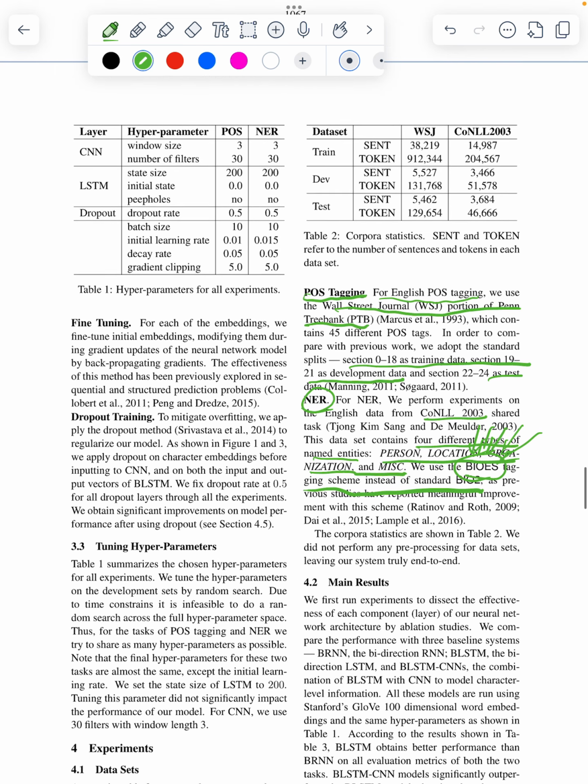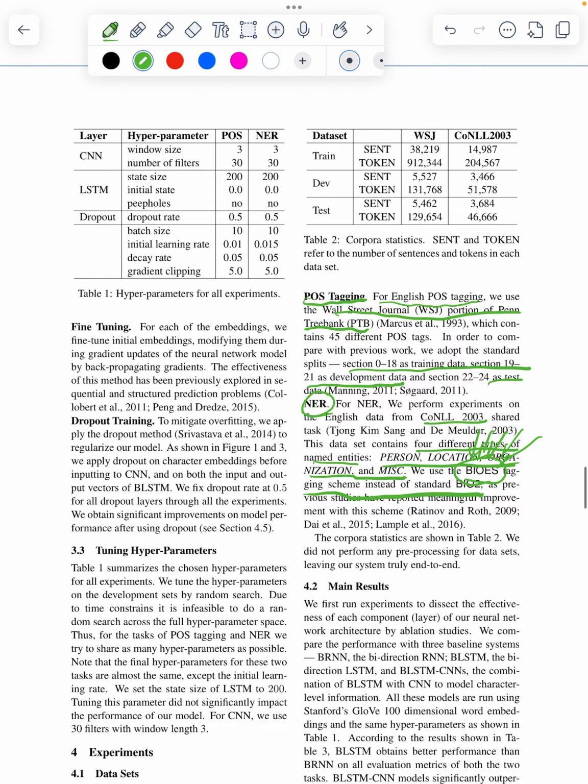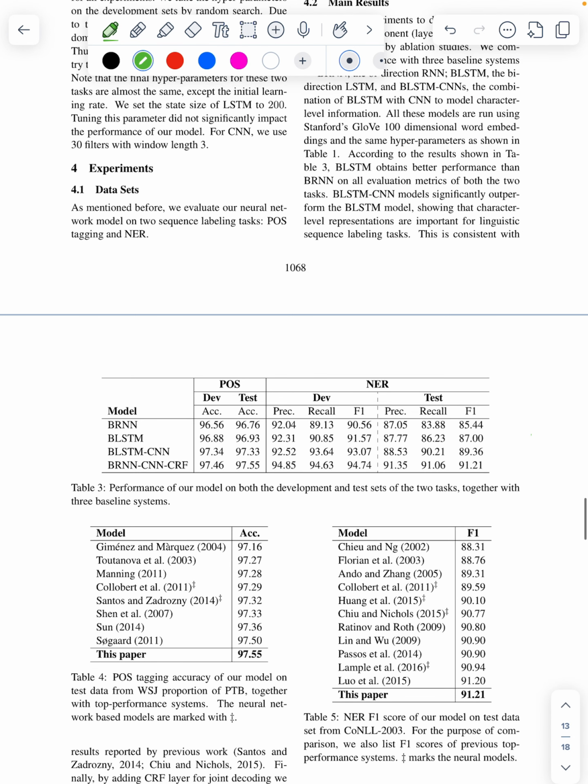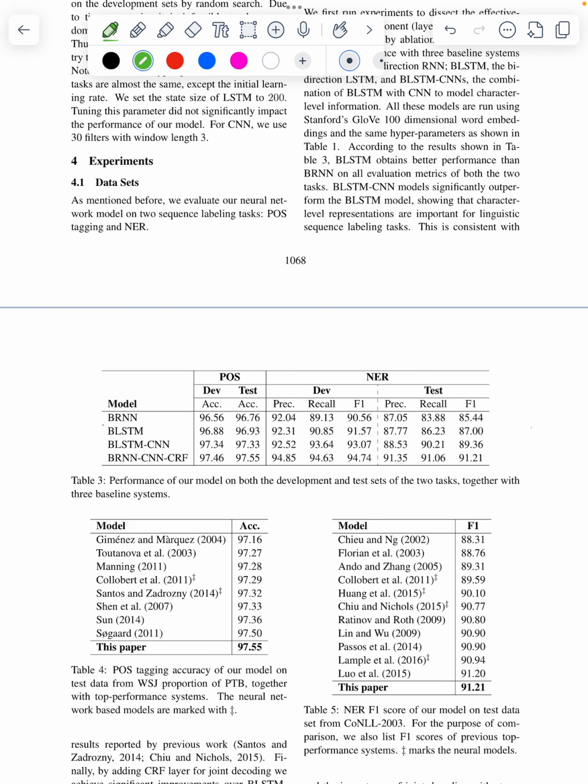Yeah, I'd have to actually look at this data and see what's going on, but this is what it is. And then it has the usual spiel of ablation tests, like the original one, the BRNN, this is a baseline, the BLSTM is the second one, and then it slowly adds up architecture and says it beats state of the art, not by too much, but maybe it's popular because it's so clean at the time.